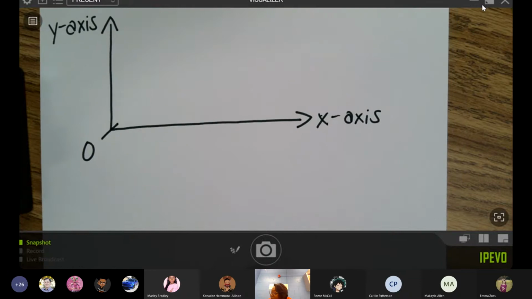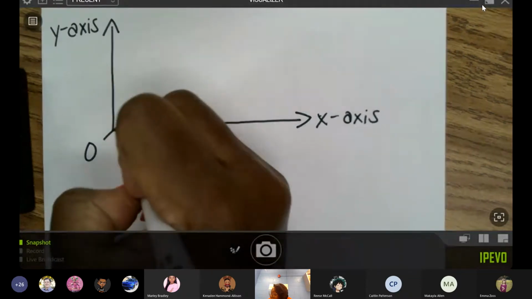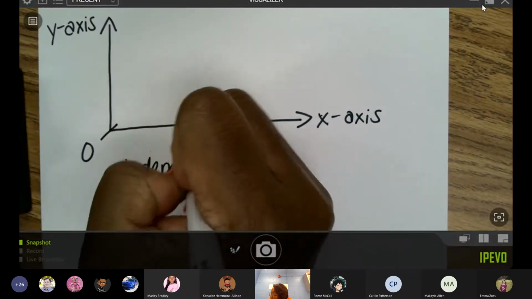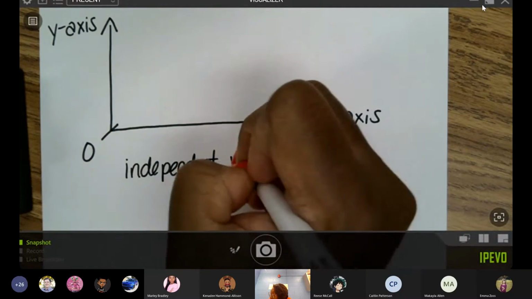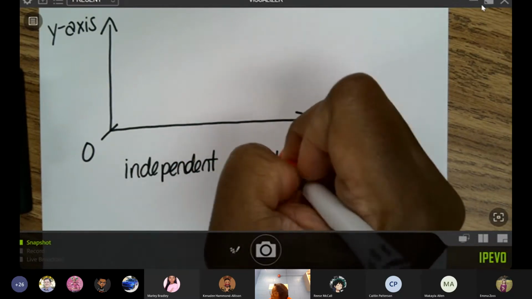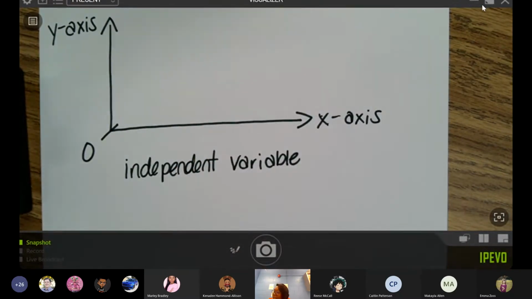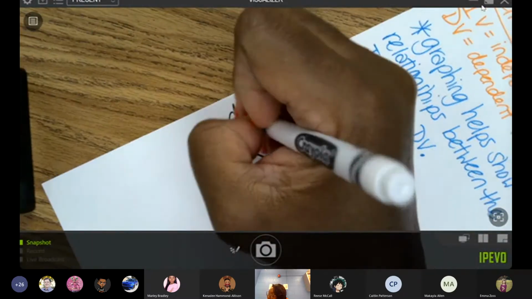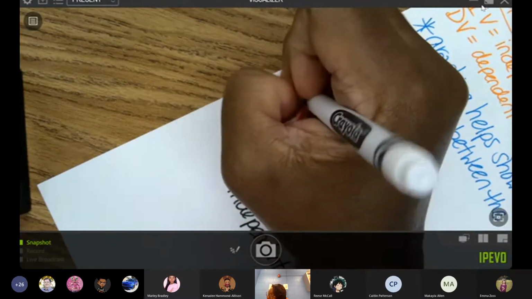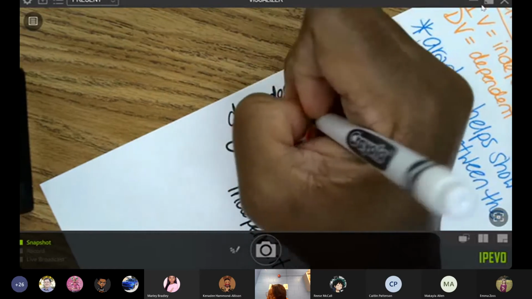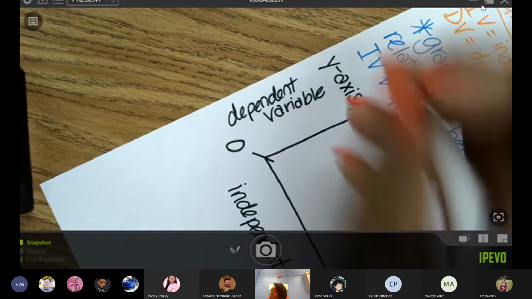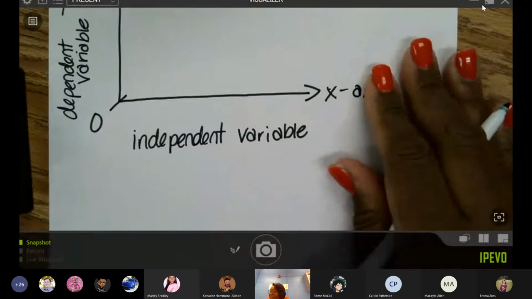Perfect. When we're graphing, we graph our independent variable on our x-axis, and we graph, one second, let me write it, our dependent variable on our y-axis.